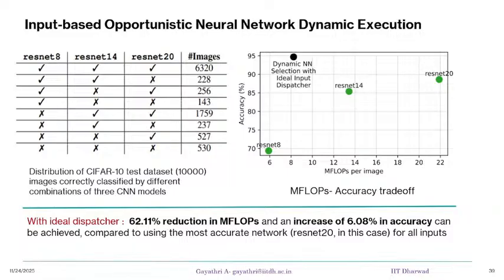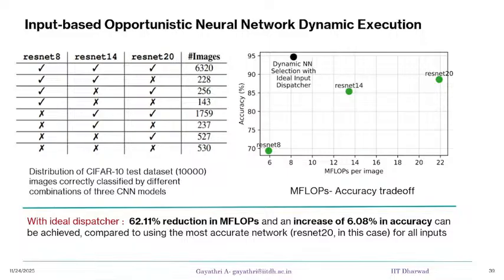Using those features, we learn which is the most suitable model for that particular input. So we already reuse the computation, and the only extra thing this dispatcher is doing is one fully connected layer's work. That is a small overhead compared to the savings you are getting.